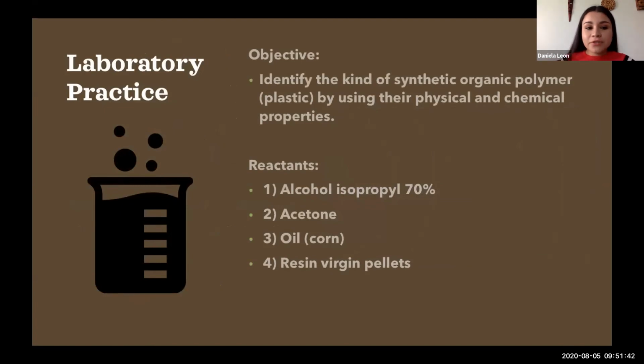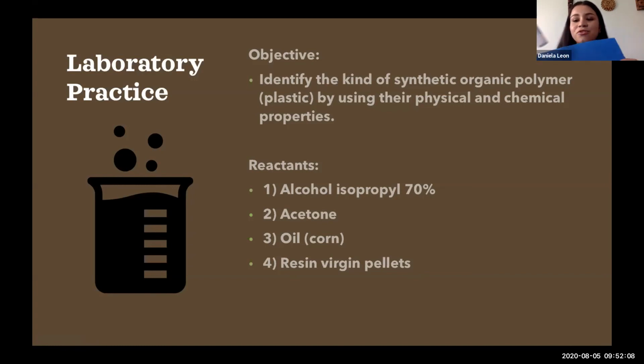For the laboratory practice, our objective is to identify the kind of synthetic organic polymers by using their physical and chemical properties. The reactants that we will use are isopropyl alcohol at 70%, acetone, corn oil, and virgin resin pellets. I want everyone to see my screen.